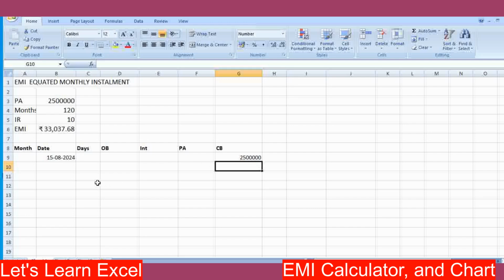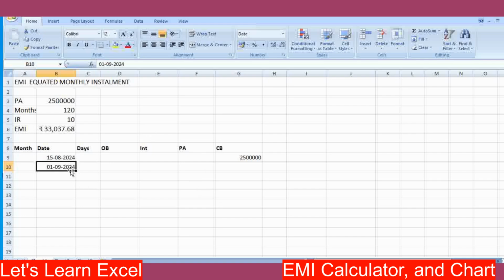Now in subsequent months, say for example first of every month, we have to pay this EMI of 33,000. So now let us check on 1st of September 2024. Now on 1st of September we are paying 33,000, but how does it calculate interest?